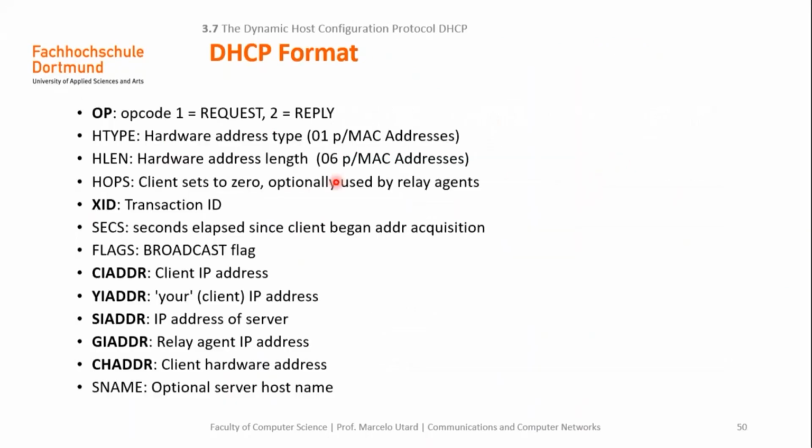Those fields are typically the opcode, the transaction ID in order to match the responses with the requests, the client's address assigned, the IP address of the server, and, if we use a relay agent, the address of the relay agent, and the MAC address of the client, of the host requesting an IP address.